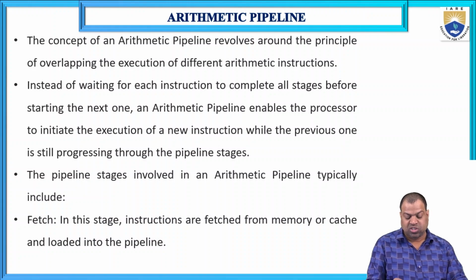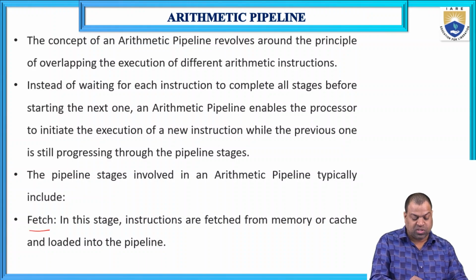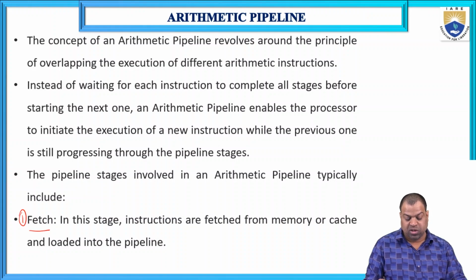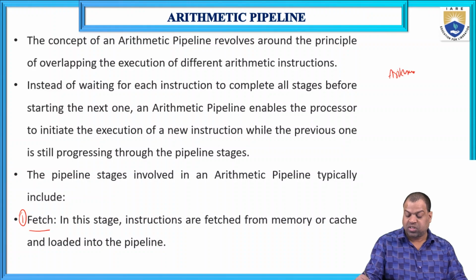The pipeline stages involved in an arithmetic pipeline typically include, first one, fetch. In this stage, instructions are fetched from memory or cache and loaded into the pipeline.